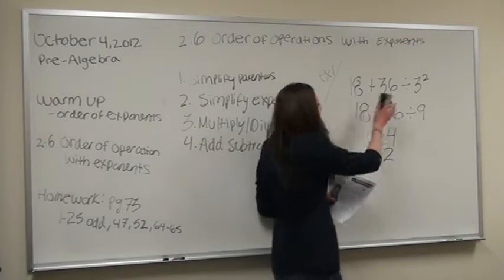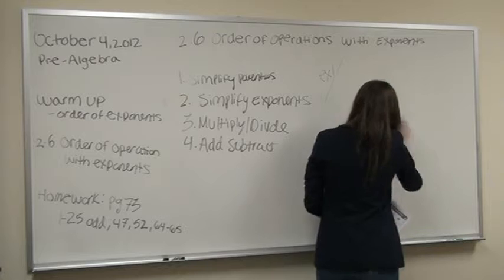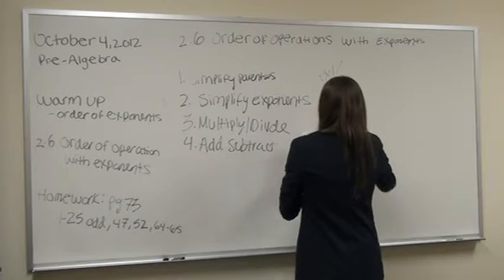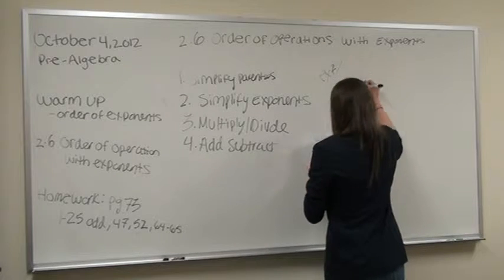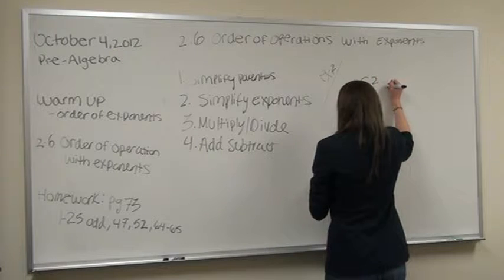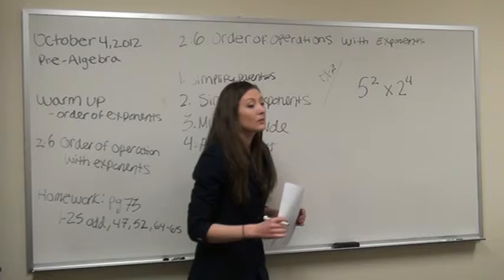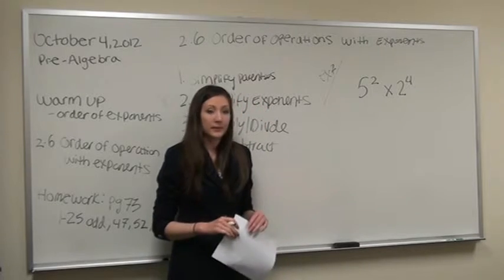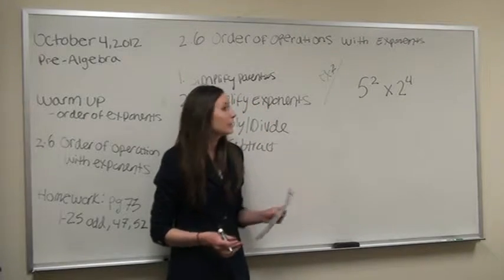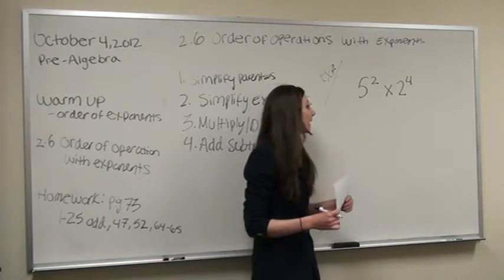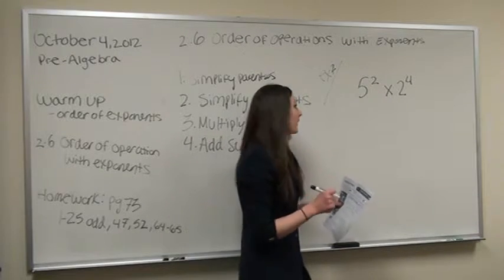Now, we're going to move to example 2. Who wants to tell me what we're going to do? Exponents. Correct. So we're going to simplify each of them, and then we're going to multiply them.